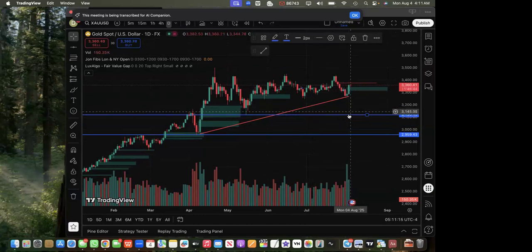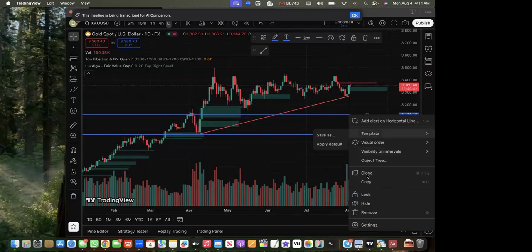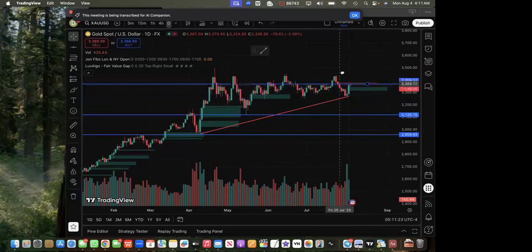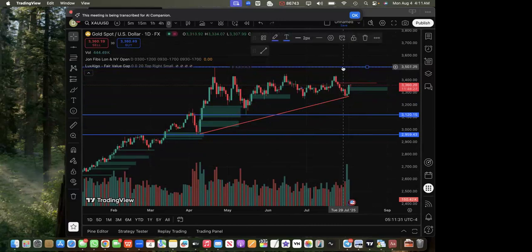I'm just cloning my horizontal line. If you don't know how to do that, just clone it so you don't have to keep picking it up from the main place. Looking at the support and resistance, just seeing where. And then from here, we see our fair value gap. But because it's on the daily time frame, I'm not going to do much with the fair value gap just yet. Just see where our support and resistance is, where the trend is. This is for the daily time frame.